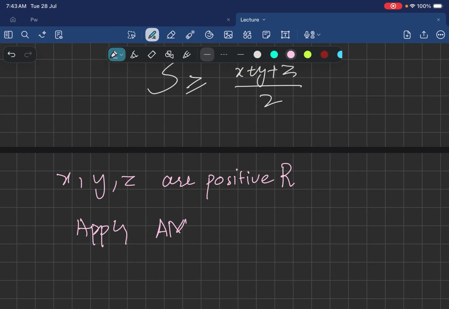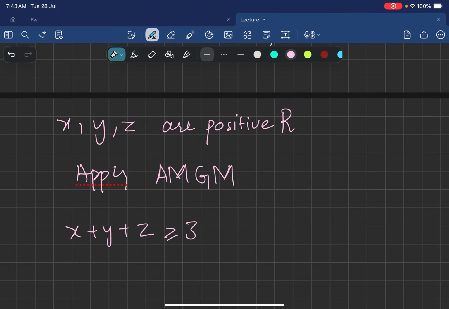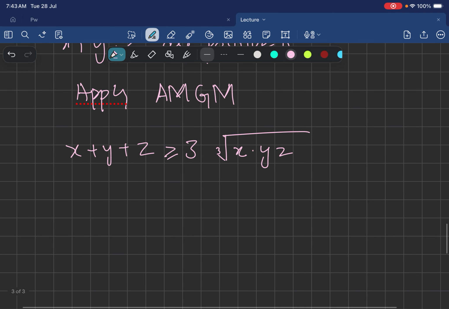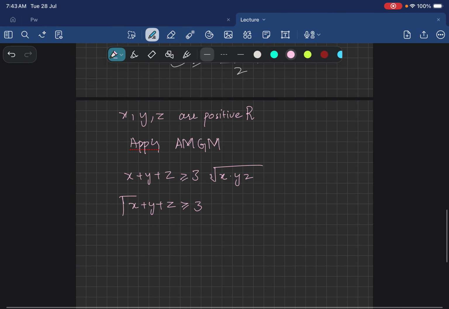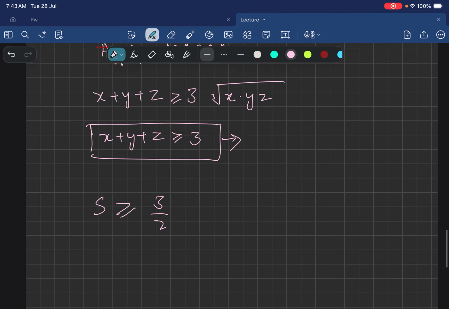If I apply AM-GM, we will get the cube root of xyz, and since xyz is equal to 1, we will get x plus y plus z is greater than or equal to 3. Okay? So if you plug in that minimum value, you will get 3 over 2.